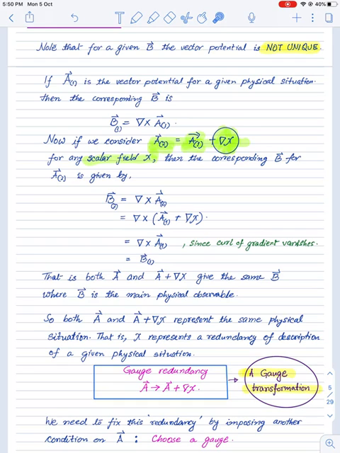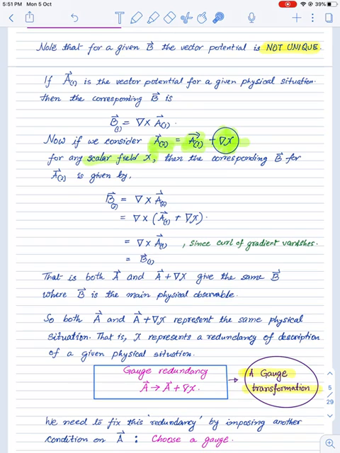But both represent the same physical scenario, because the magnetic field is the physical thing that we go ahead and measure. So the second one is a redundant description of the same physical scenario.